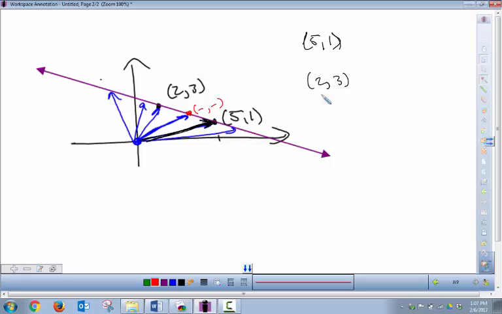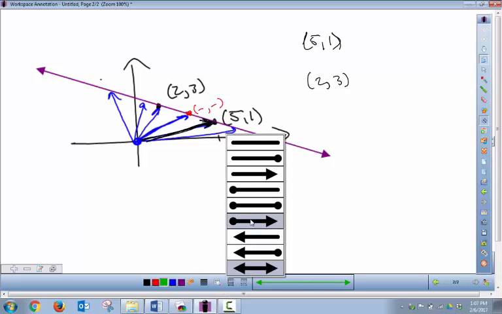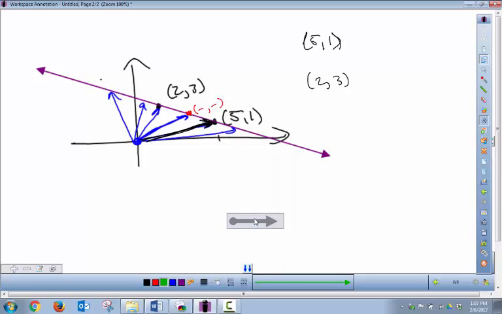I want to go from 5, 1 and somehow end up at these points. Yeah, well, let me just tell you. Actually, Frederick has the idea already. But let's see if I could just actually get this going.